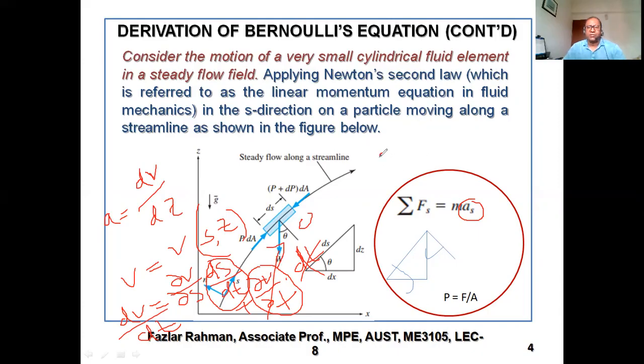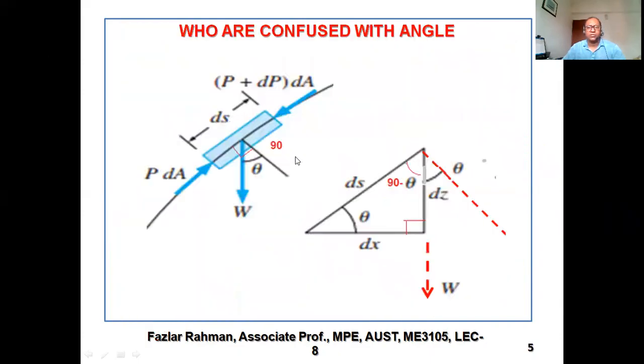So ultimately we are getting dv by dt equal to v into dv by ds. Okay, so we'll show you again in the next slide, so it will be clear to you.